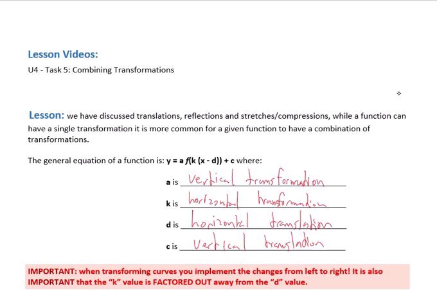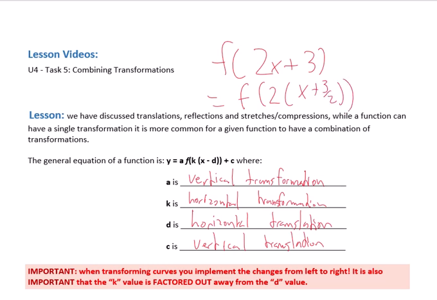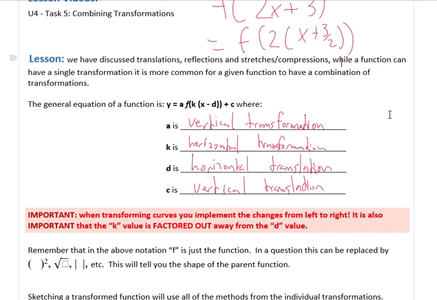If you have, for instance, f of 2x plus 3, you'd have to factor out that 2, and it becomes 2 bracket x plus 3 over 2. So if you do have a coefficient of x, you need to factor it out, as it does affect the horizontal translation, so just be very much aware of that.